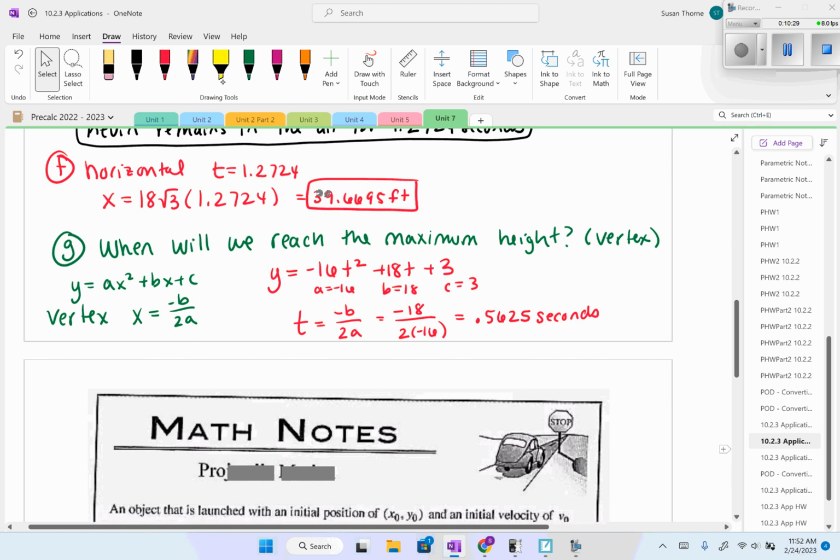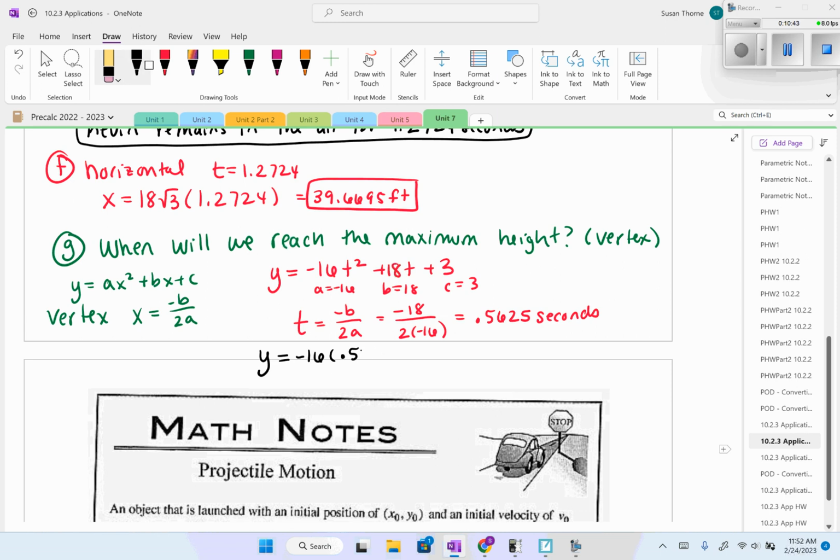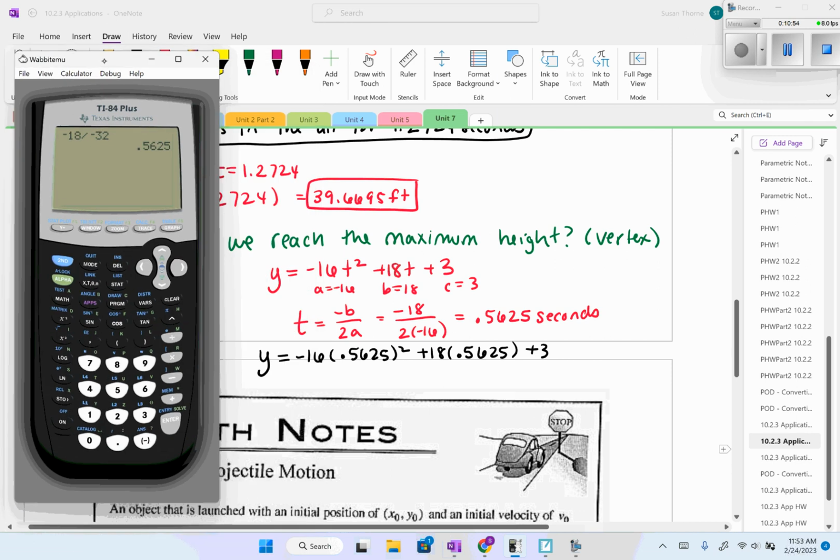So if we want to actually find the maximum height, we would plug that into our y equals for t and solve. So the actual maximum height would be y equals negative 16 times 0.5625 squared plus 18 times 0.5625 plus 3.